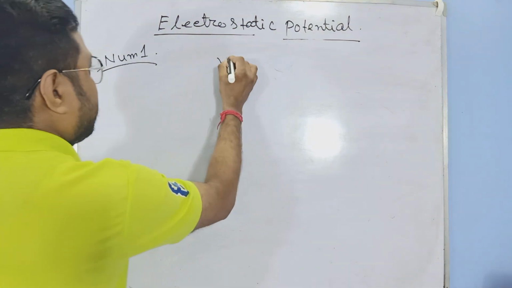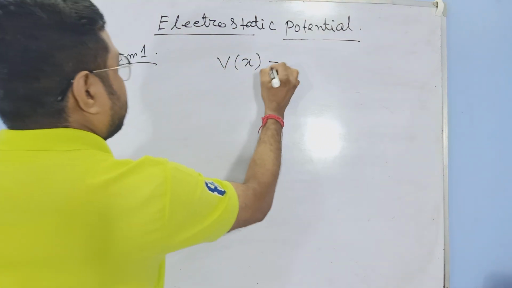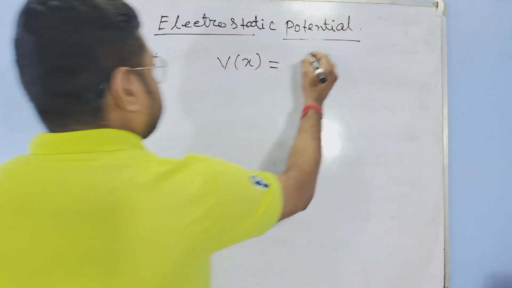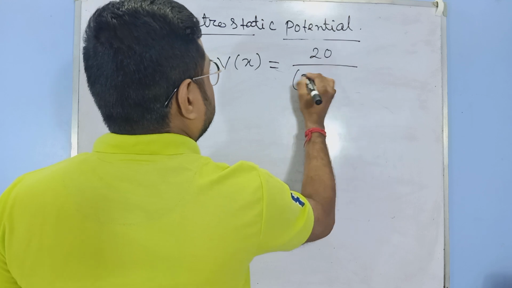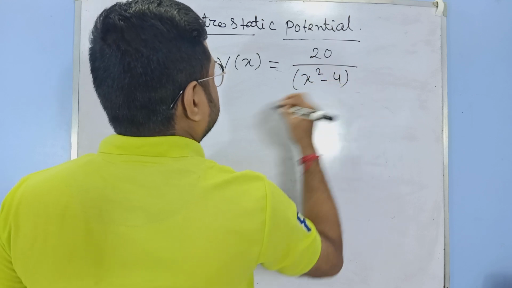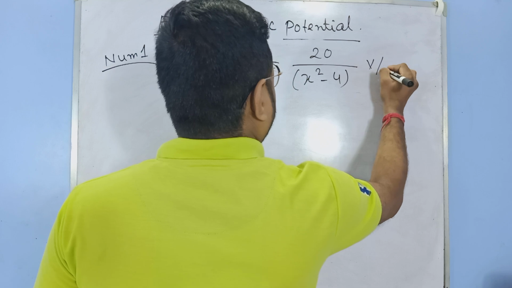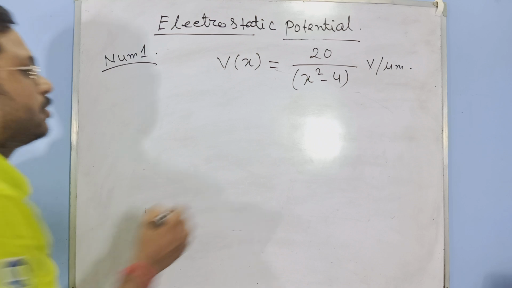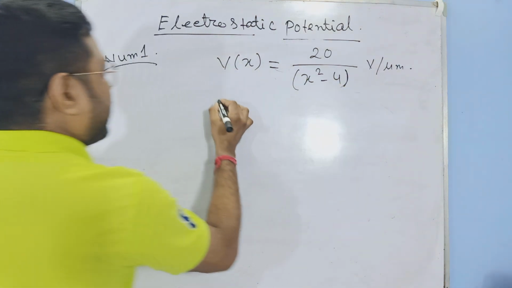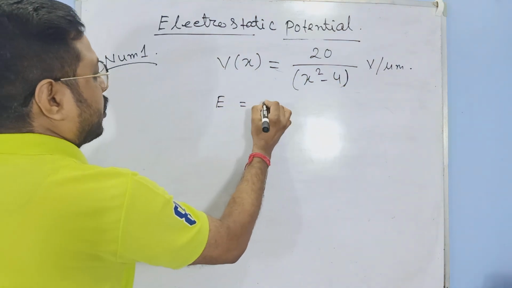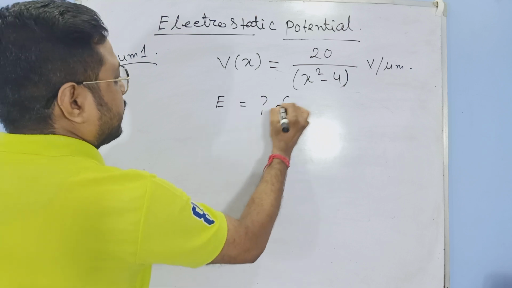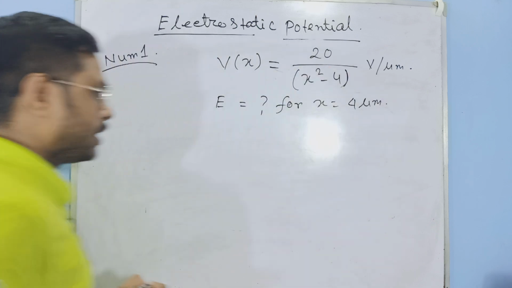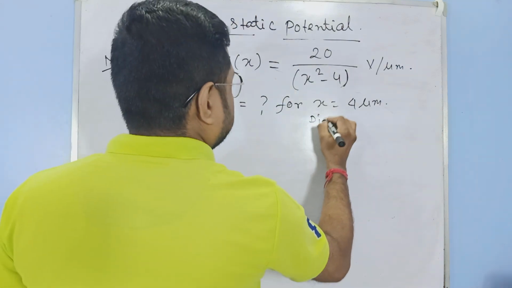The potential at a point along the x-axis due to a symmetric charge distribution is given by 20 by x square minus 4 volt per micrometer. Find the electric field for x equal to 4 micrometer and also its direction.